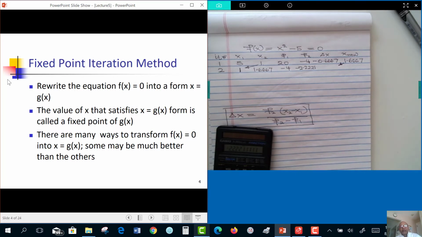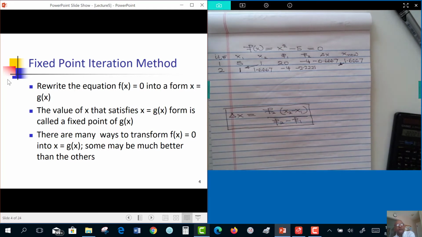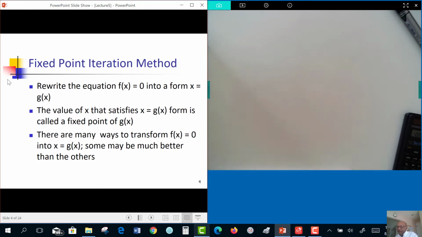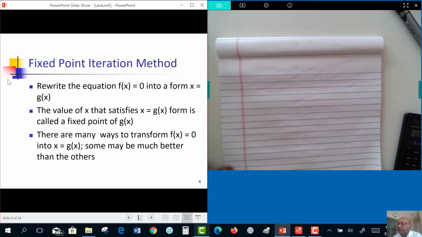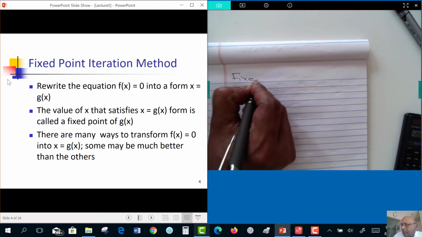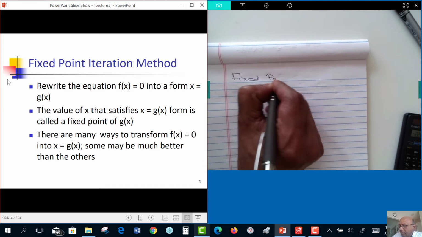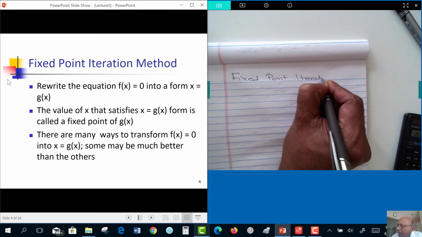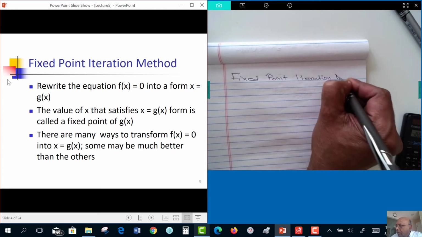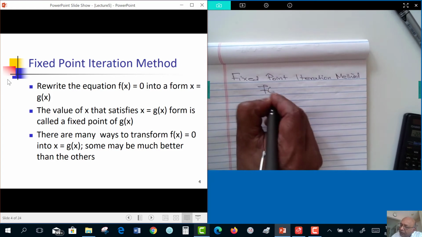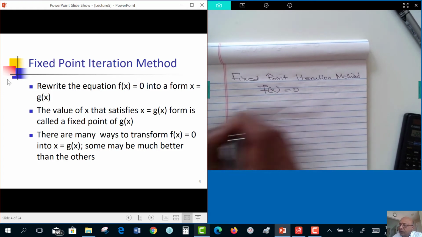Okay, our next method is fixed point iteration method. So what we do is we are given the equation of the form f(x) is equal to 0.